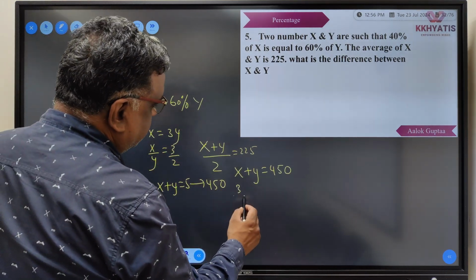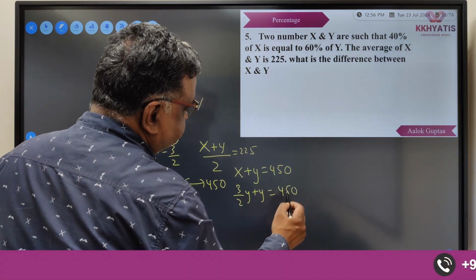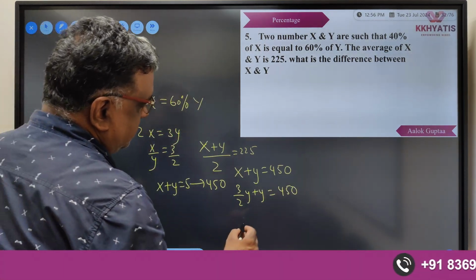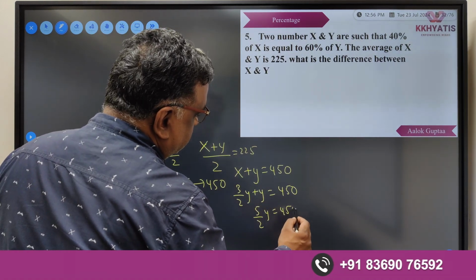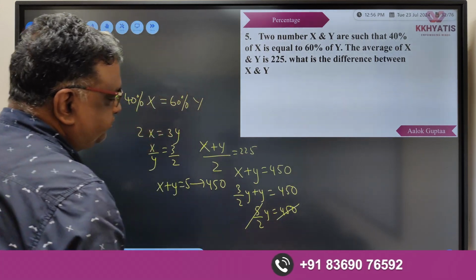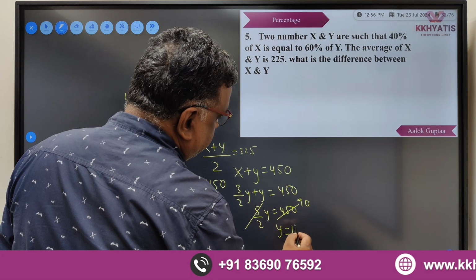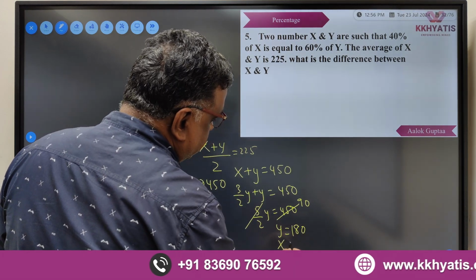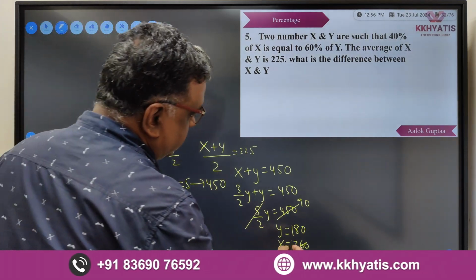So I can put x as 3 by 2 y plus y is 450. So that is 5 by 2 y is 450. I cut this, this will become 90. So y became 180. So x will become 360. No, x will become 270.